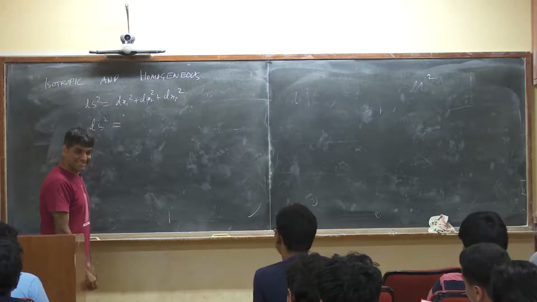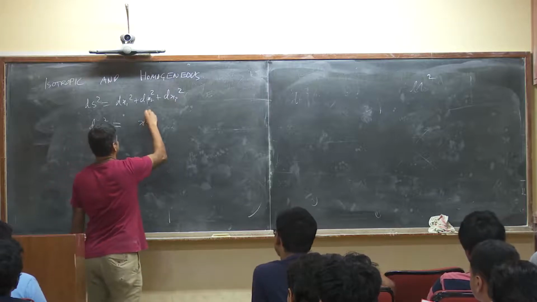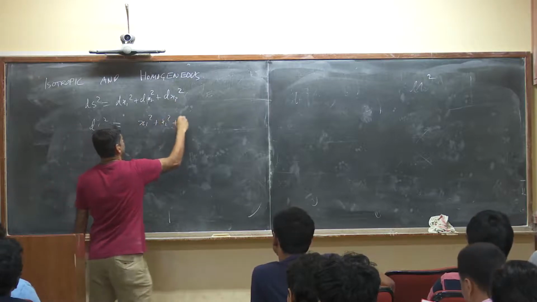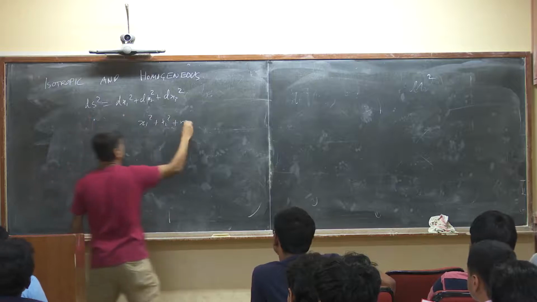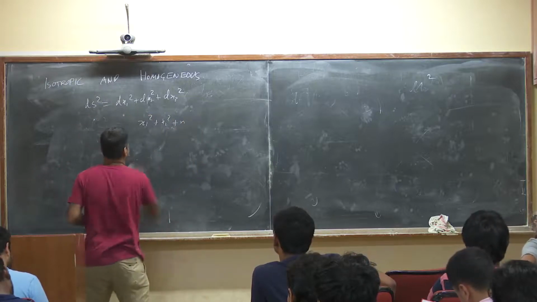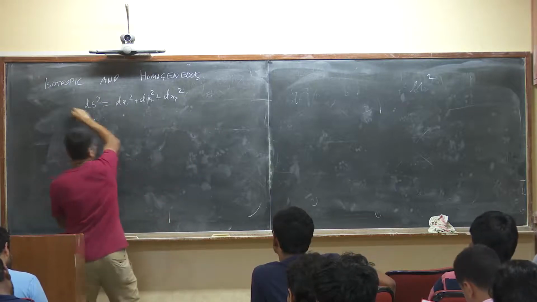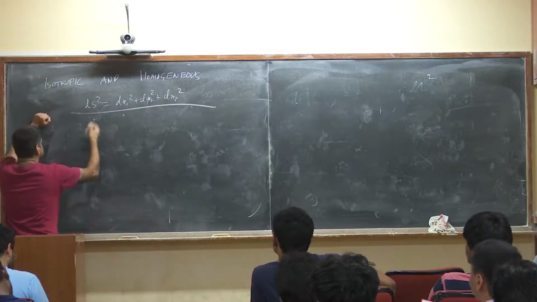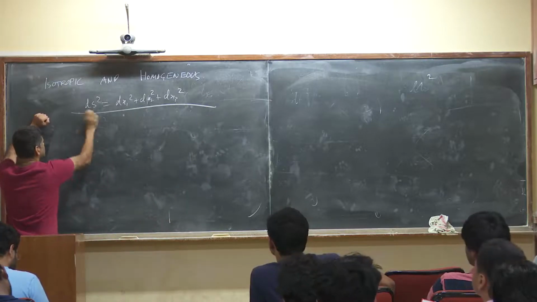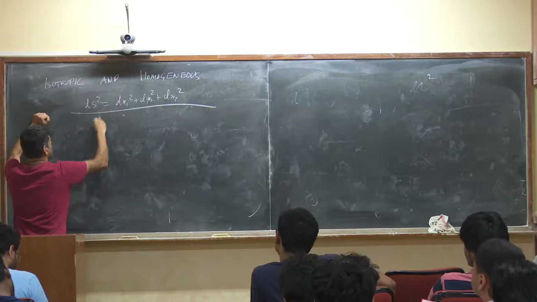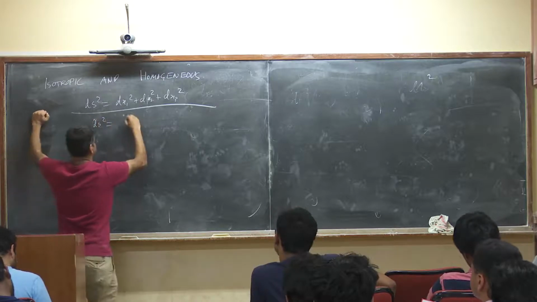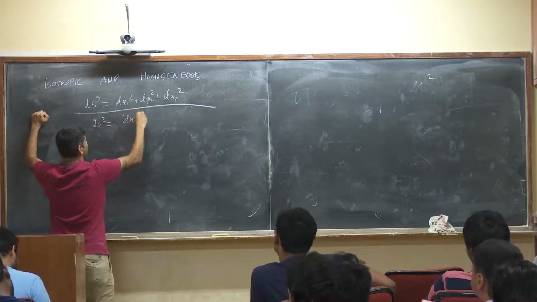Consider the four-dimensional flat space, ds squared equals dx1 squared plus dx2 squared plus dx3 squared plus dx4 squared.